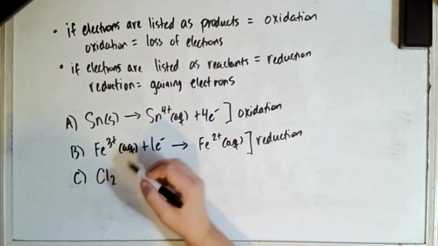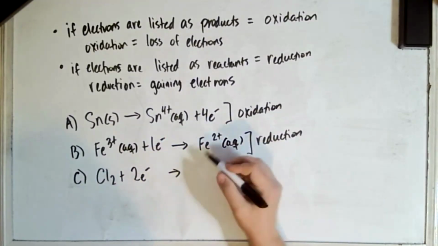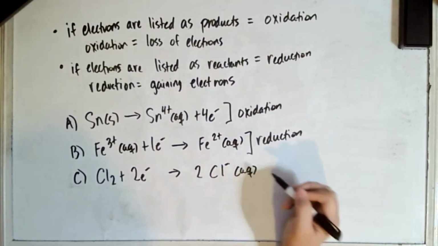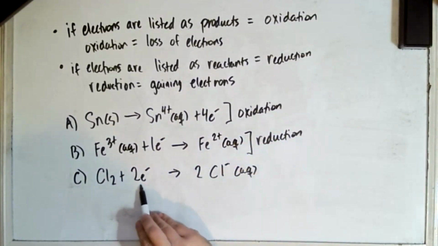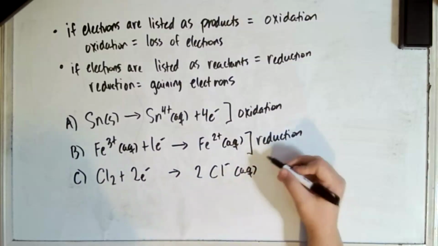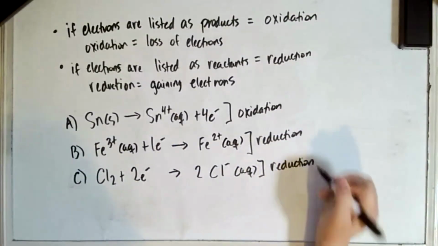And we have Cl2 plus 2 electrons produces 2 chloride ions. So our chlorine gained 2 electrons and it formed 2 negatively charged chloride ions. It gained electrons. That's going to be reduction.